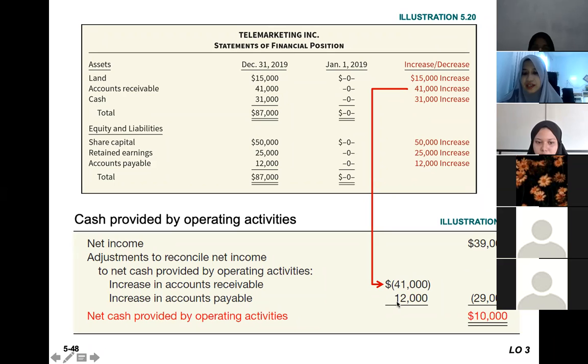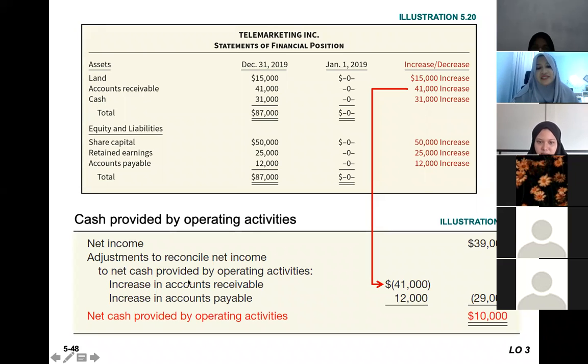That's why we add it. The one before we deducted because we did not receive it; there is no cash inflow. That is just my simplistic rationale when I do the statement of cash flow. But if it is hard for you to rationalize, then you can memorize where to add and where to deduct.